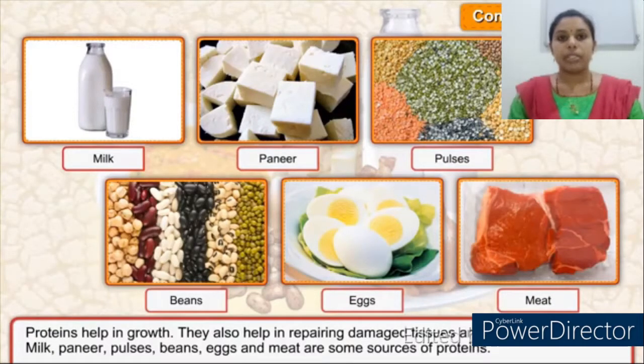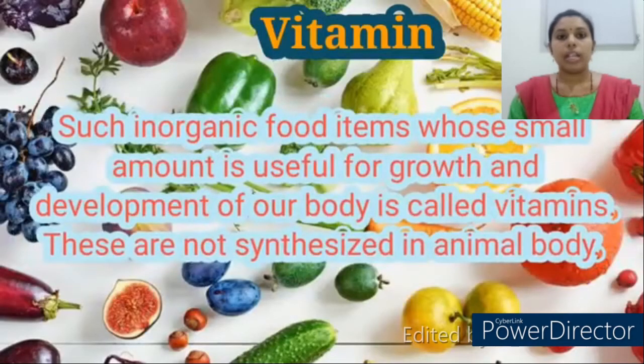Next, vitamins. Such organic food items whose small amount is useful for growth and development of our body are called vitamins. These are not synthesized in animal's body.